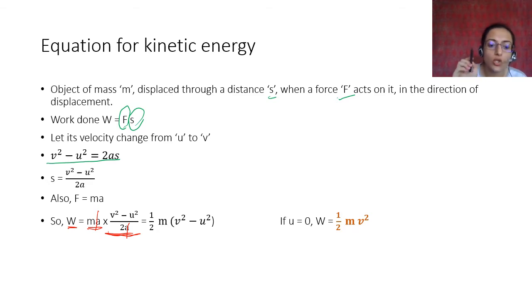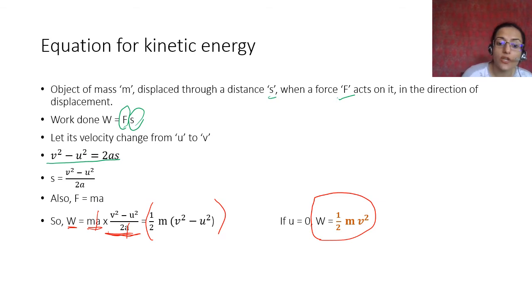Therefore, W is equal to half m into v square minus u square. If that object is starting from rest, then u is equal to 0, and W is equal to half mv square, right?